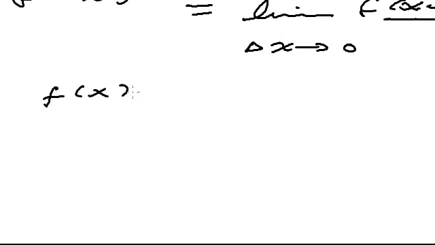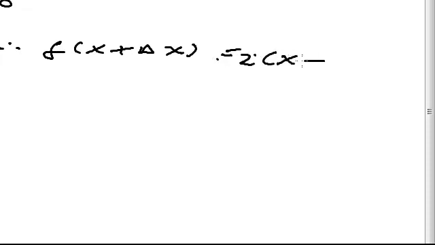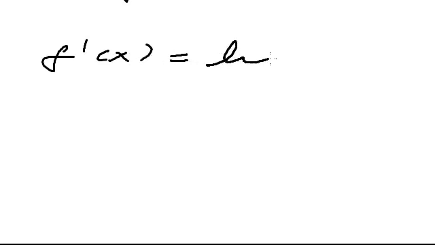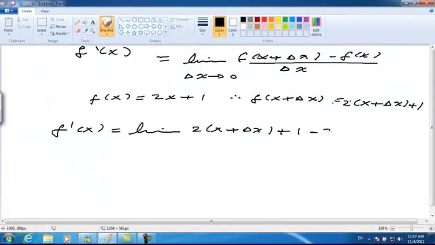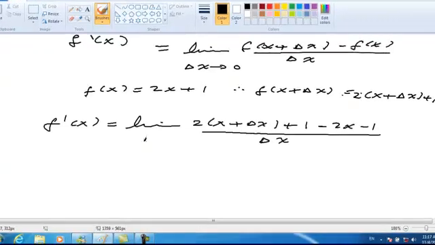f of x equals 2x plus 1. Then f of x plus delta x equals 2 times x plus delta x, plus 1. f dash of x equals the limit of 2 multiplied by x plus delta x, plus 1, minus 2x minus 1, divided by delta x, as delta x tends to 0.